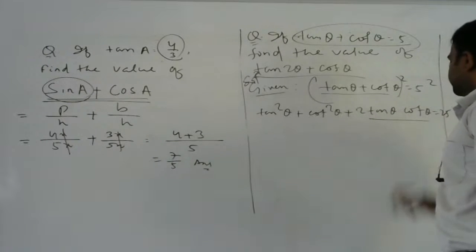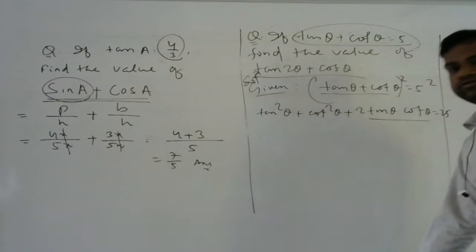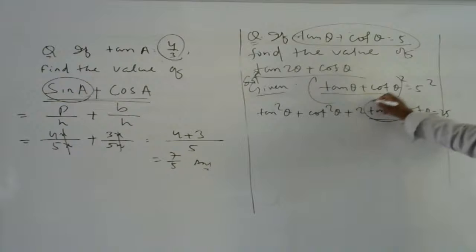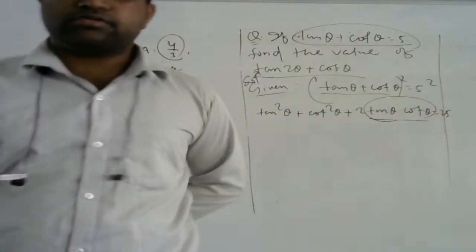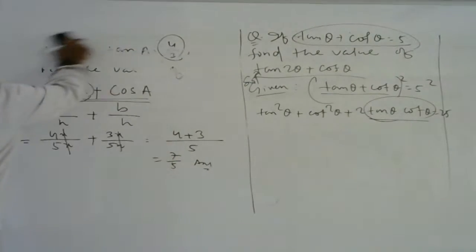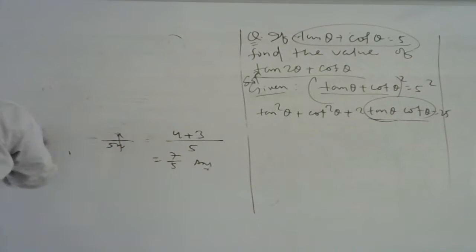Now tan theta into cot theta, you can multiply, and there is one relationship between tan theta and cot theta. Can you say what is the relationship between tan theta and cot theta? I have already told you that tan theta is the inverse of cot theta. They are just inverse of each other.